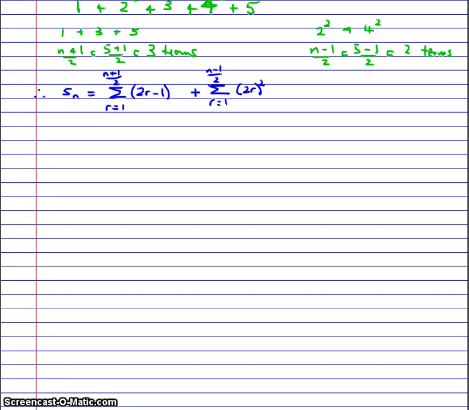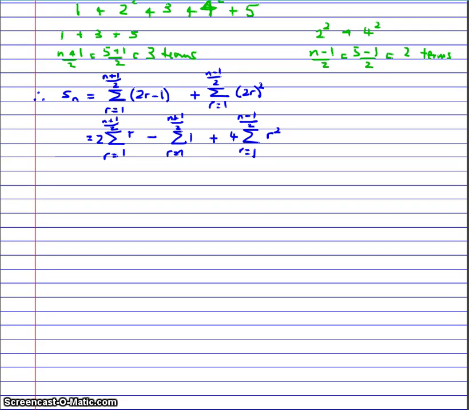Moving on, we're back to S sub n, the sum to n terms, and we've got our 2 separate series. The first one has the rule 2r minus 1, remember that from the previous example, from r equals 1 to n plus 1 over 2 terms, and then the second series from r equals 1 to n minus 1 over 2 of 2r all squared. Then we can split that the same way as we did in the previous example.